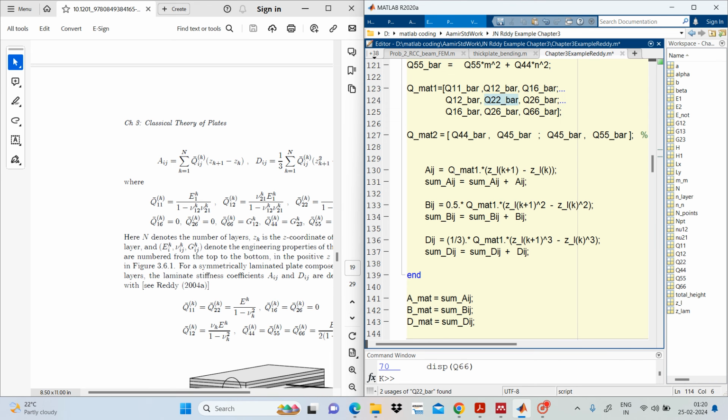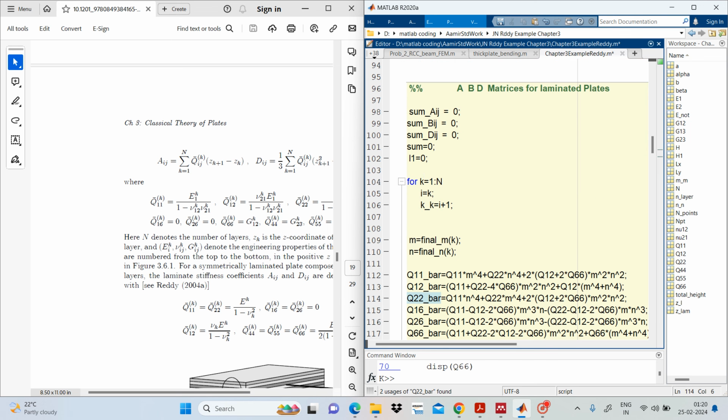Here Q mat 1 is the Qij matrix, multiplied by the next lamina's interface minus the previous interface of the lamina.